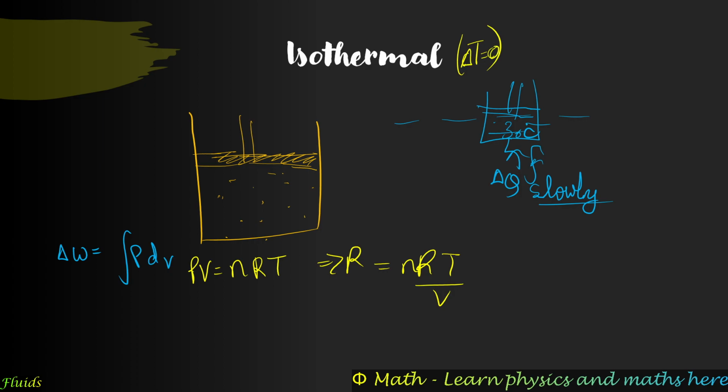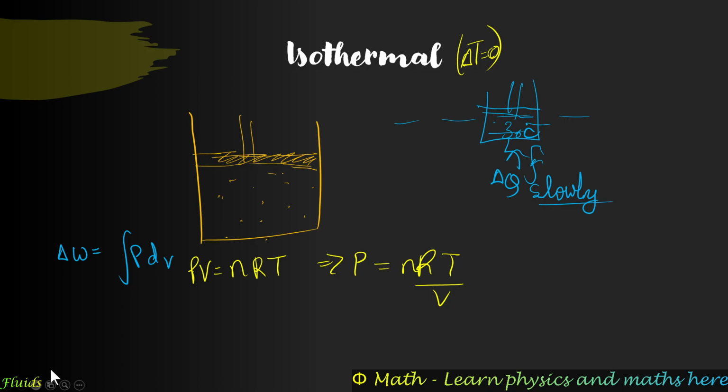Because there is no change in temperature, we can make a relation between P and V. Now we have made a relation between P and V, so we can substitute the value of P.